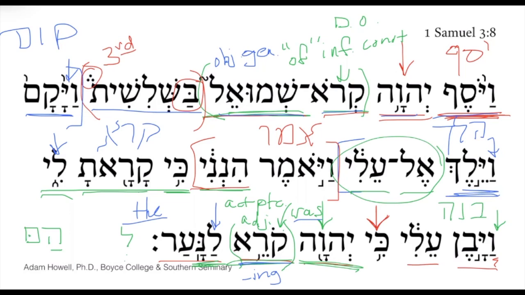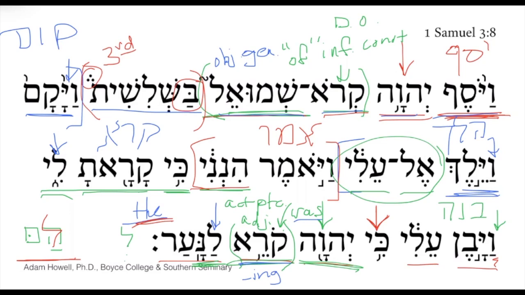Remember that when we put the inseparable prepositions, something like a bet, lamed, or kaf, when we put those on a definite word, the preposition simply supplants the hey of the article, and it keeps the vowel pointing the same as the article. So here we get the young boy, a definite noun.